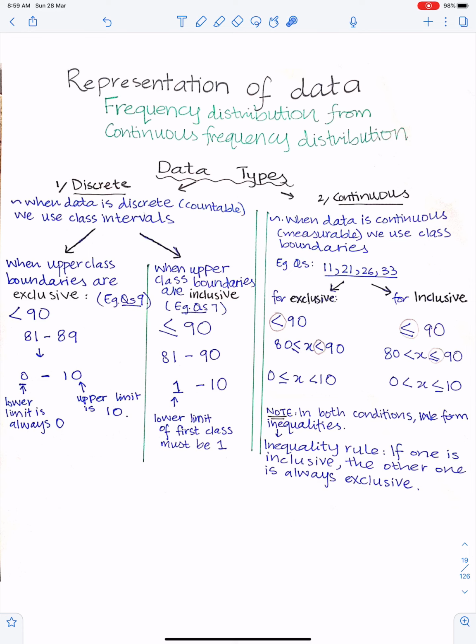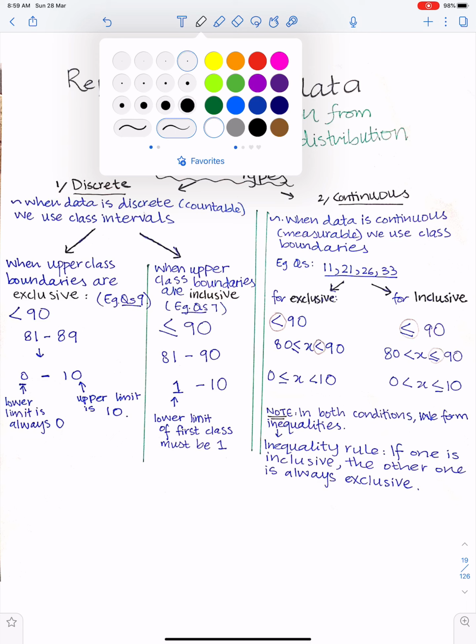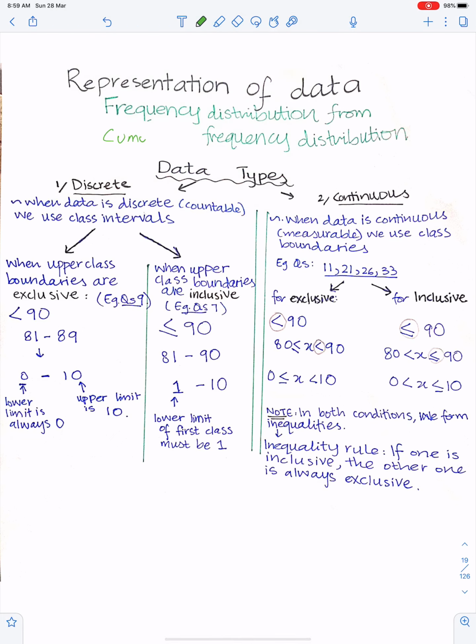The concept is construction of frequency distribution from cumulative frequency distribution.